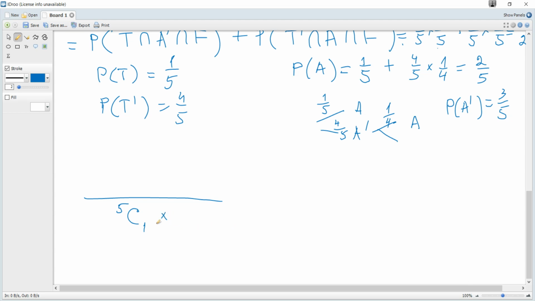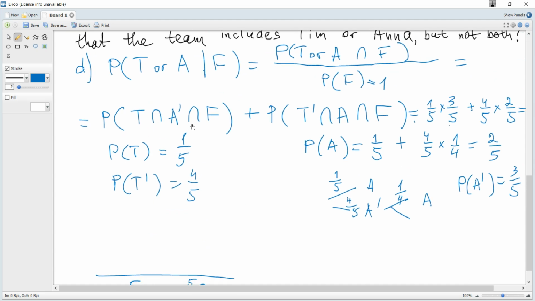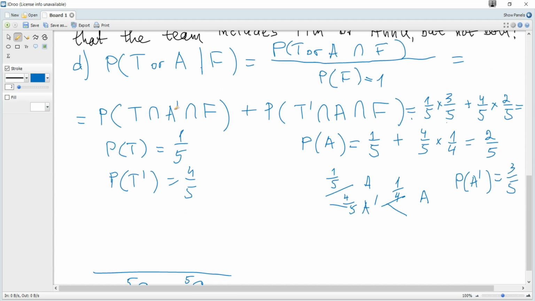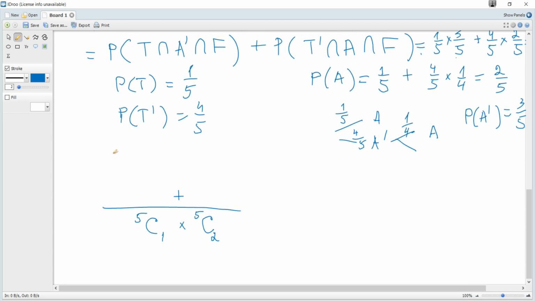And the total number of ways to choose 2 girls out of 5, it's number of combinations 2 out of 5. And we need Tim and not Anna, provided Fred is chosen, or so it will be plus not Tim, Tim is not included, and Anna, provided Fred is chosen. So number of ways to choose boys, it becomes what?